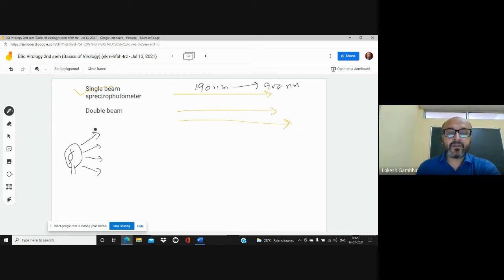The light which you are taking in the visible region will range from 300 nanometer to, let's say, 800 nanometer. So every possible wavelength, 300, 301, 302, 310, 350, and so on, is imparted in all possible directions. And I have to channelize this light into a single line.